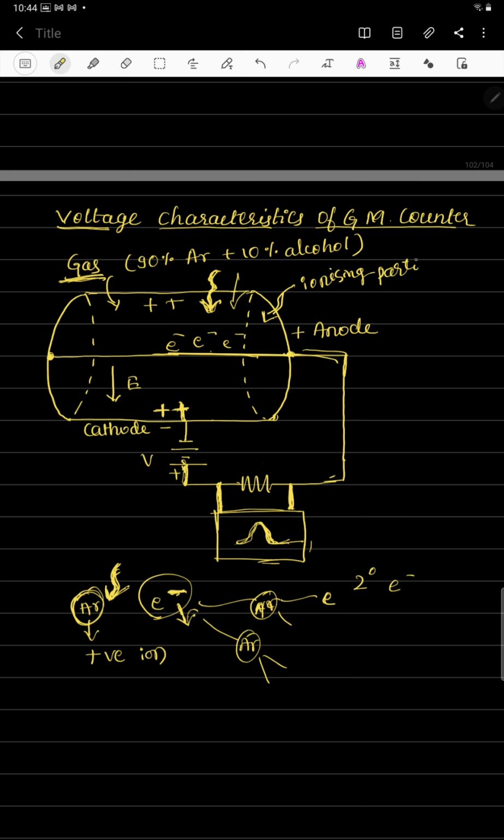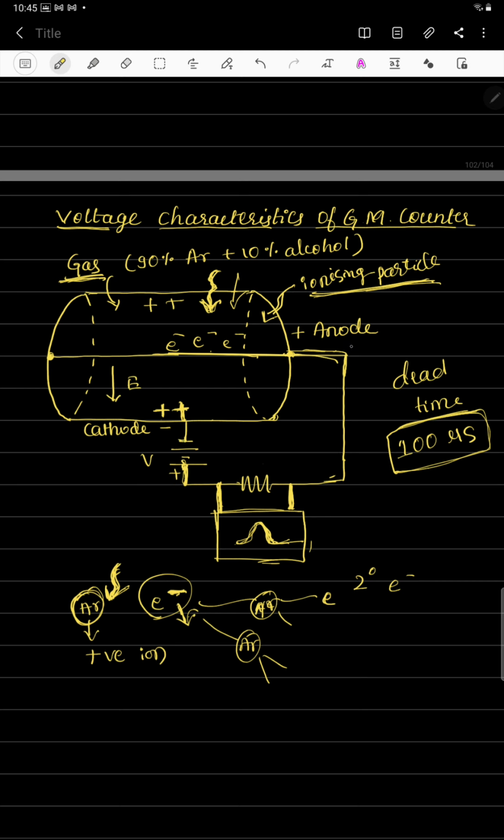That period is called the dead time of the GM counter, which is almost 100 microseconds. For this much time the GM counter is unable to detect an ionizing particle, because electrons are accelerated towards the anode, then towards the positive terminal of the battery, and then recombination takes place.